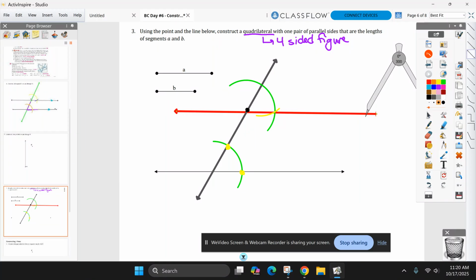Make sure the intersection is on the same side of the transversal as the angle you're copying.